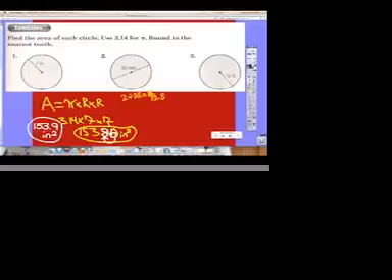So 12.5 times 3.14 times 12.5. All right, thanks for doing millimeters squared.